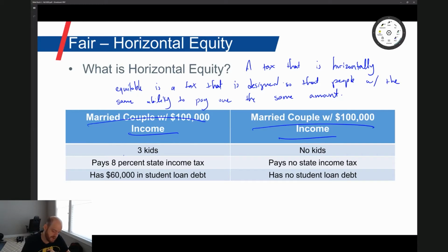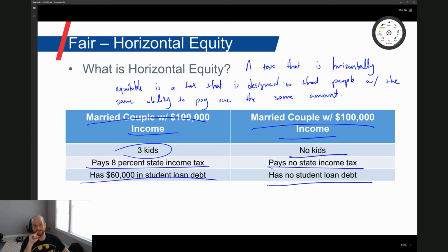One of them has 3 kids, pays an 8% state income tax, and has $60,000 of student loan debt. The other has no kids, no income tax, and no student loan debt. So even though these are both married couples with $100,000 of income, do they in fact have the same ability to pay?